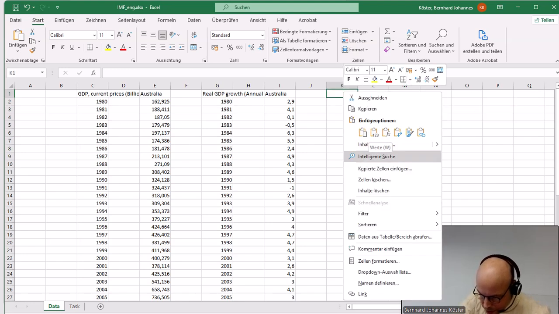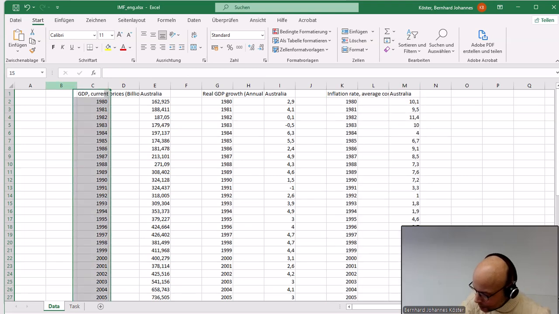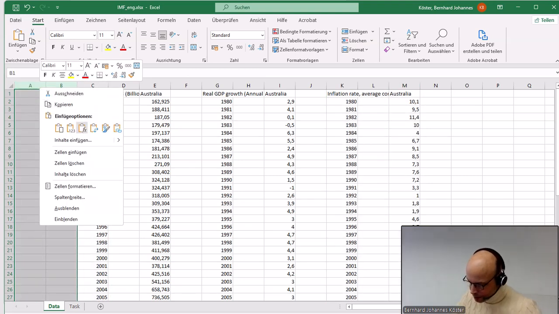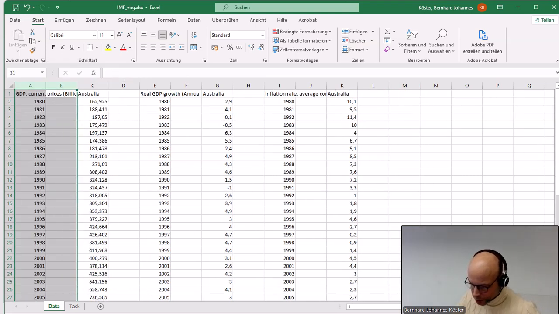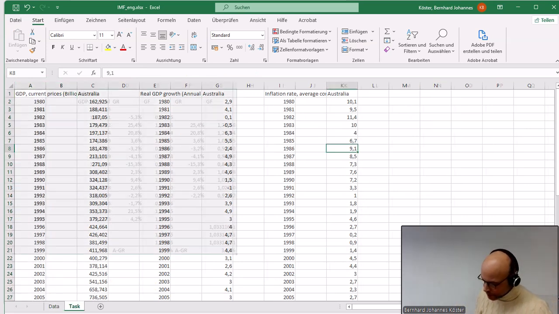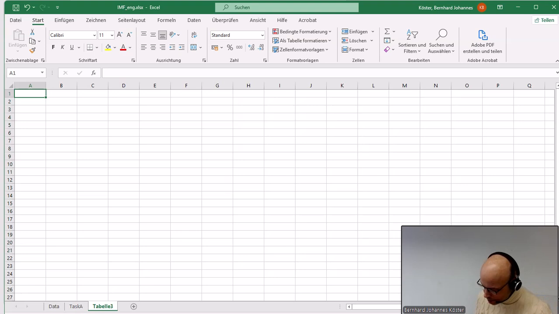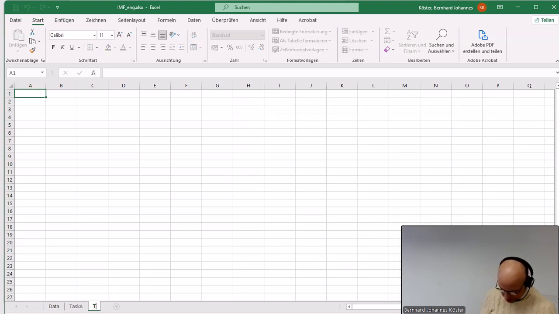Area. Transpose and go into this we can cut. So this was task A. Let's go to task B.